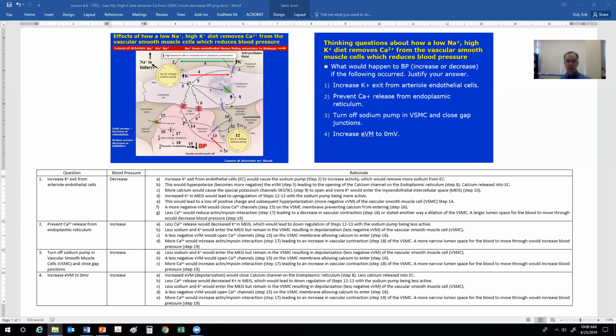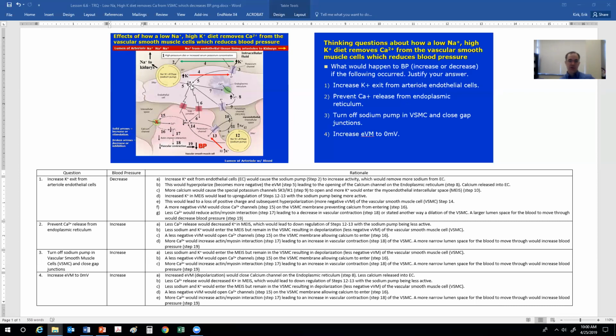Therefore, you would have less hyperpolarization of the vascular smooth muscle cell, which would cause the calcium channels to remain open. Therefore, more calcium would enter. You'd have an increase in actin and myosin interaction. You would have then a vascular contraction, a more narrow space for the blood to flow through, and a rise in blood pressure.